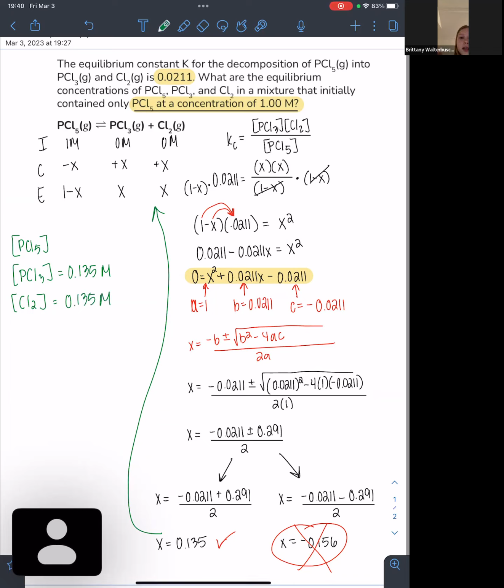Now, in order to get this last concentration, we're just going to take 1 minus that 0.135, and that should give us a value of 0.865, units still in molarity.